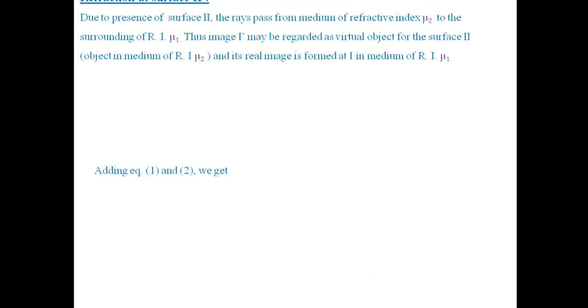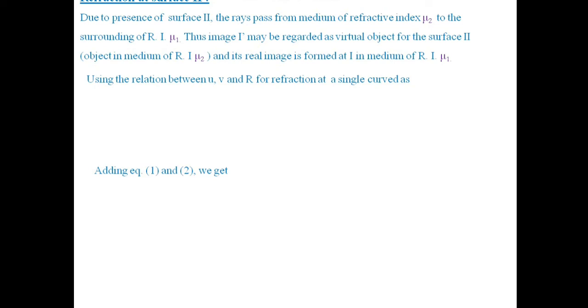Now, refraction at the second surface. Due to the presence of the second surface, the rays pass from the medium of refractive index mu2 to the surrounding of refractive index mu1. Thus, image I dash will be regarded as a virtual object for the second surface, and its real image is formed at I in the medium of refractive index mu1.